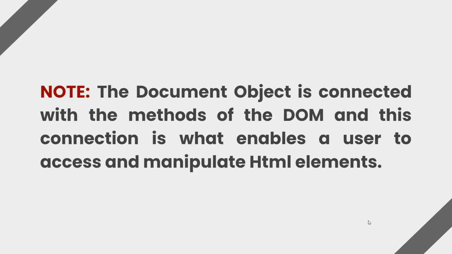A quick note before we see the syntax for these methods is the fact that the document object is connected with the methods of the DOM. I already made mention of that. And also, this connection is what enables a user to access and manipulate HTML elements.